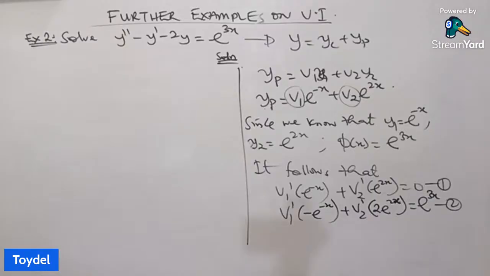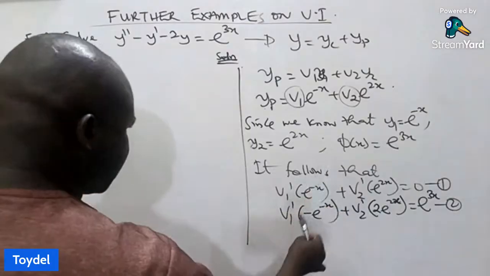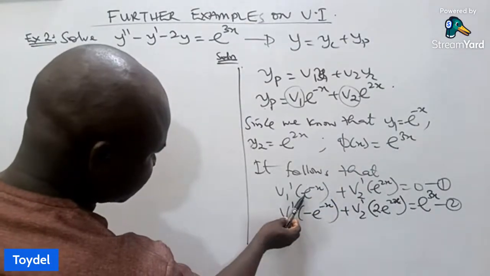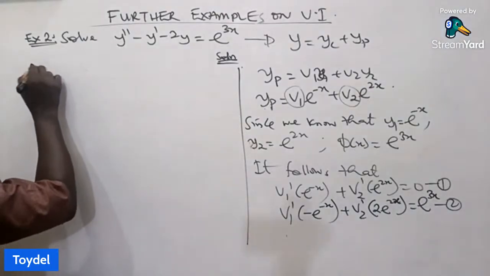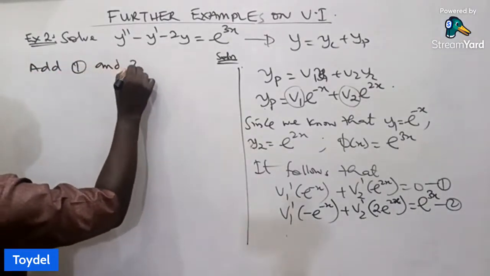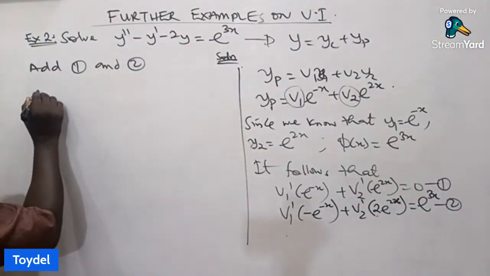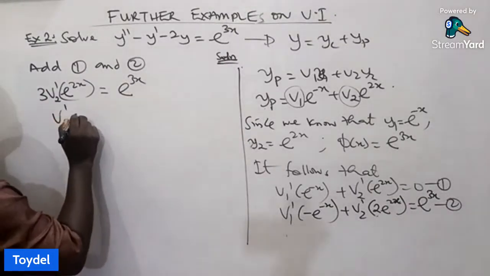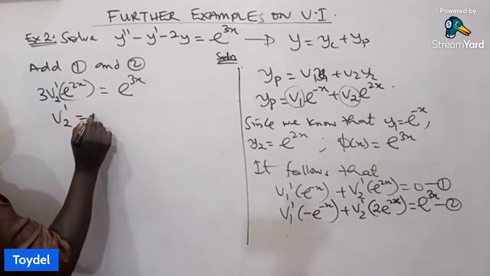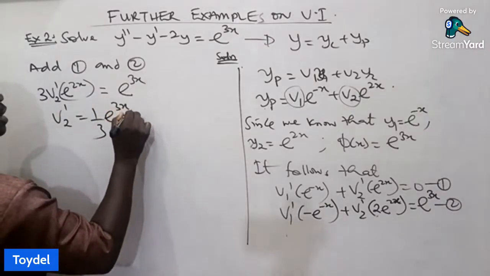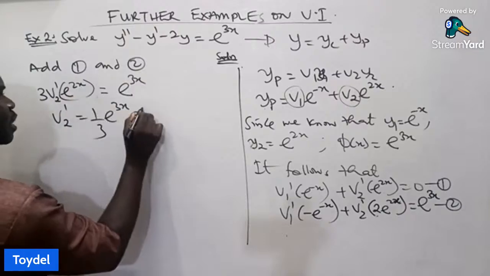If you look at it very well, if we add equation 1 and 2, the v1 prime terms will cancel out because one is positive and the other is negative. Then we have 3 v2 prime e to the 2x equal to e to the 3x. Then v2 prime will be 1 over 3 when we divide both sides, and dividing e to the 3x by e to the 2x gives e to the x.